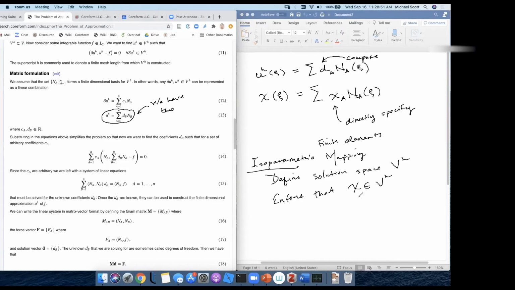Okay, so notice that there's an order in the way things are defined. In an isoparametric finite element setting, which is like 99% of commercial finite elements, we do this first, this second. We define the solution space in our basis, and then we figure out how to represent the geometry in terms of that space.